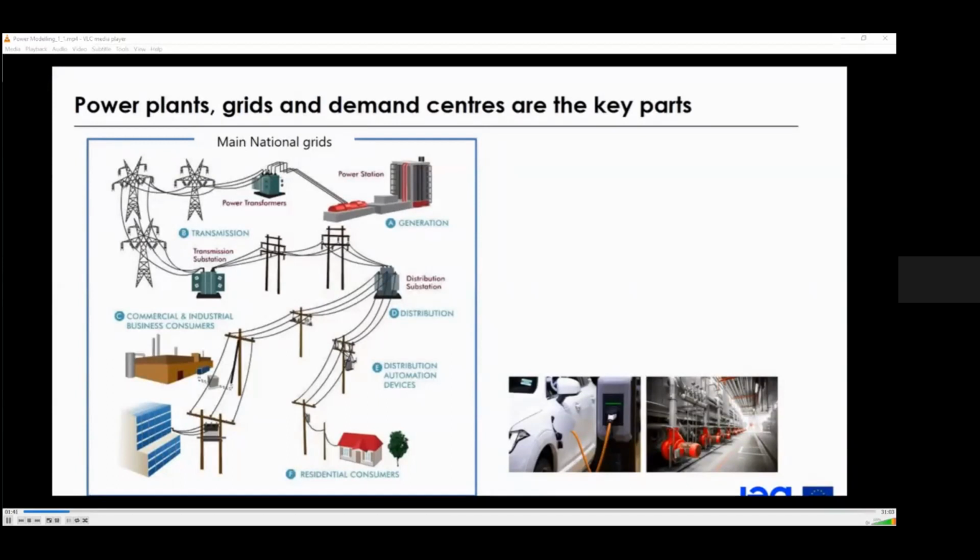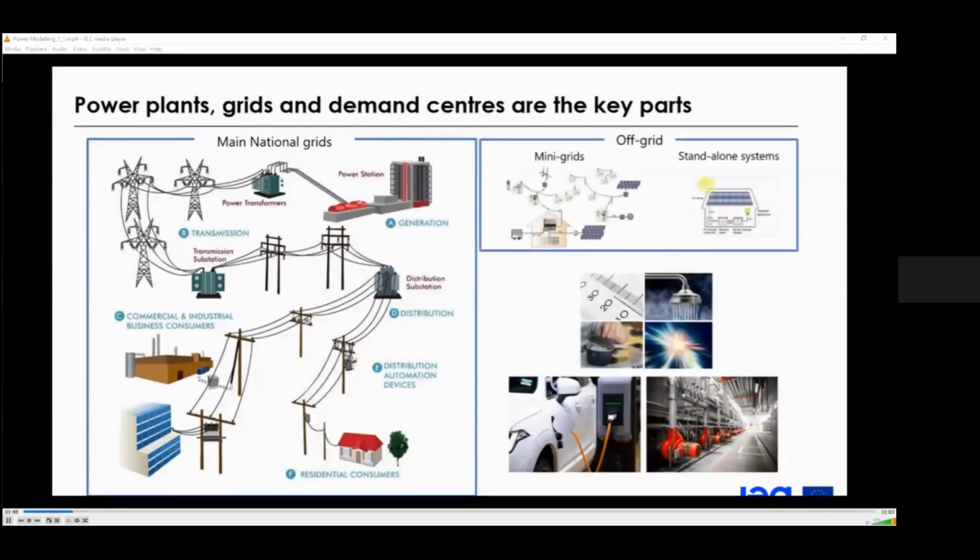So this is for the grid connected element of power systems. You have, in addition, some off-grid elements. They can be divided between mini-grids and standalone systems. We need now to remember that this is a picture taken at one point in time. For example, regarding the national grids, traditionally, this has been only one direction flows from generation centers to demand centers.